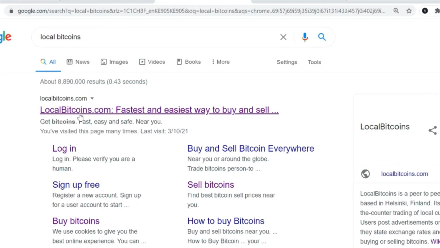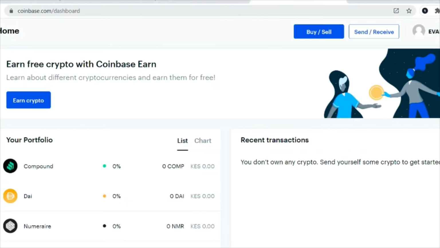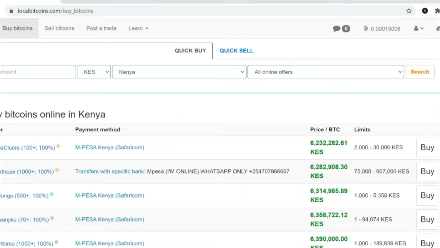This is a P2P, peer-to-peer. That means I can buy it directly from another person, and it's more convenient because I can use M-Pesa and other local payment methods. But also you can use Coinbase. You can buy or sell your Bitcoins.